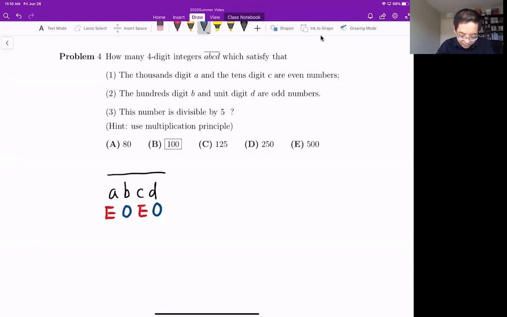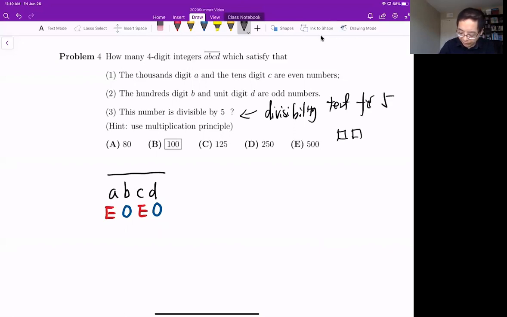Okay, the third one says the number is divisible by 5. So now we need to recall the divisibility test for 5. A number is divisible by 5, regardless of how many digits, if and only if the last digit is either 0 or 5.